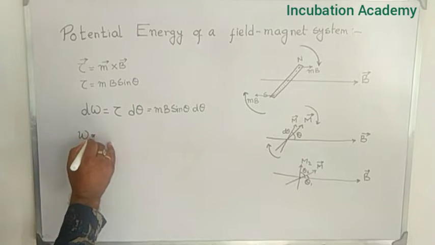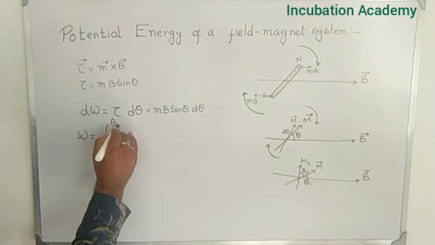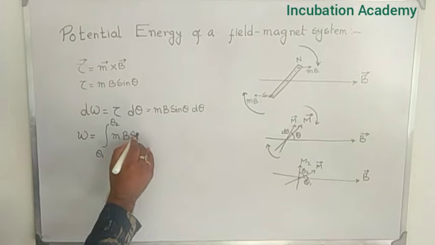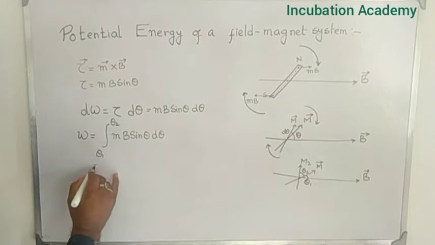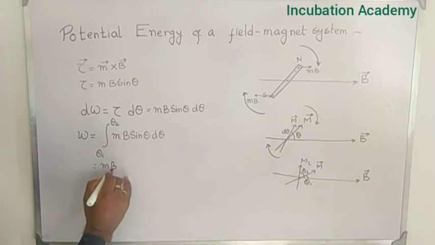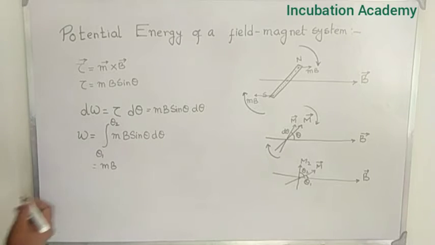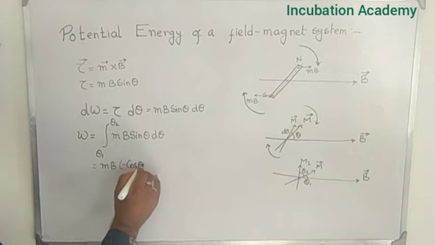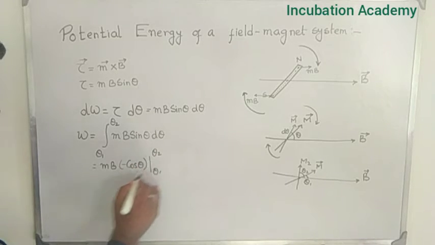So the work done in doing this will be the integral from theta 1 to theta 2 of mB sin theta d theta. mB is completely independent of theta, so it can be taken outside the integral, and the integration of sin theta gives minus cos theta from theta 2 to theta 1.